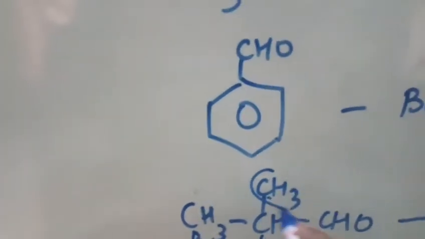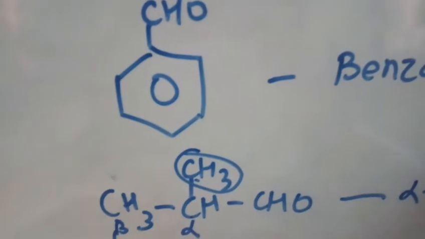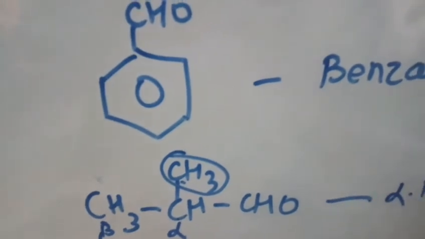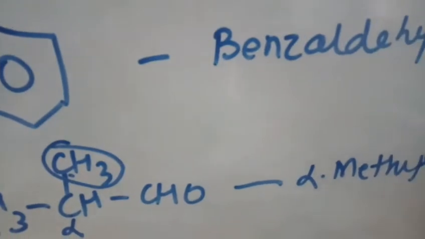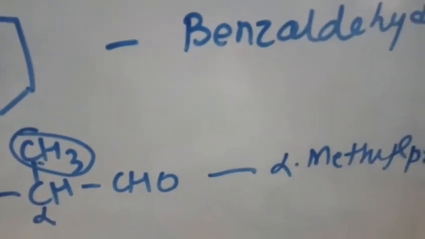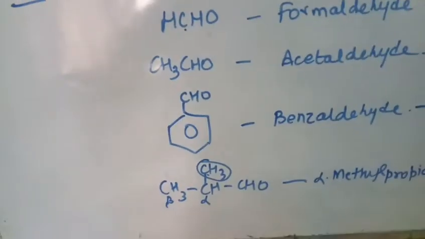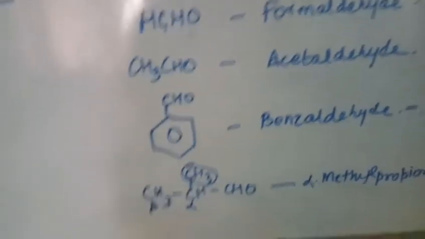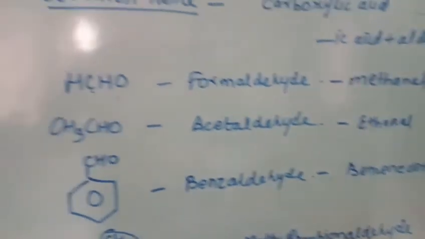Now your methyl group is attached to the alpha carbon, so you will write it as alpha methyl propionaldehyde. Propanoic acid will be the parent acid of this compound, so it is propionaldehyde, alpha methyl propionaldehyde. Or if butane is there, then butyraldehyde, like that.